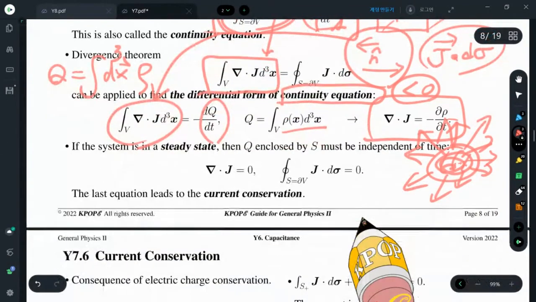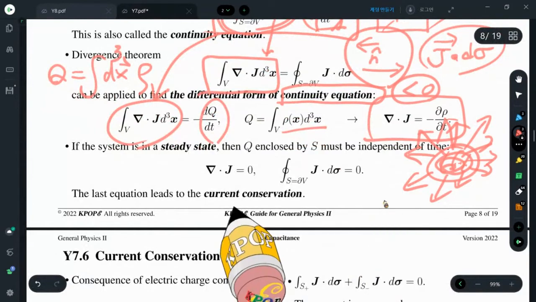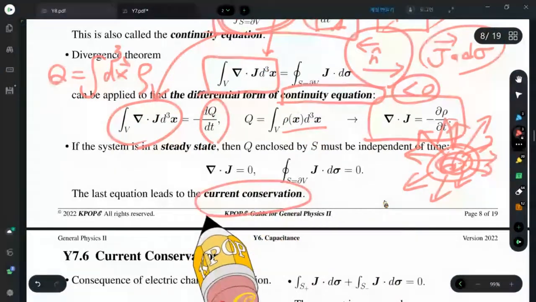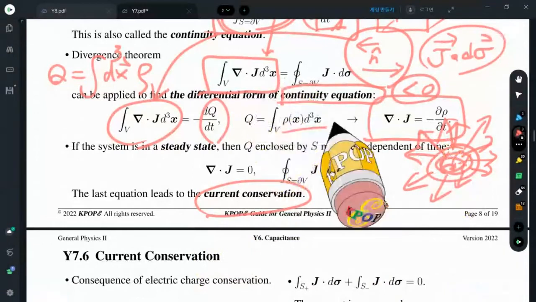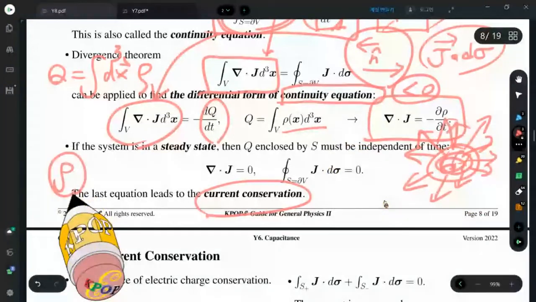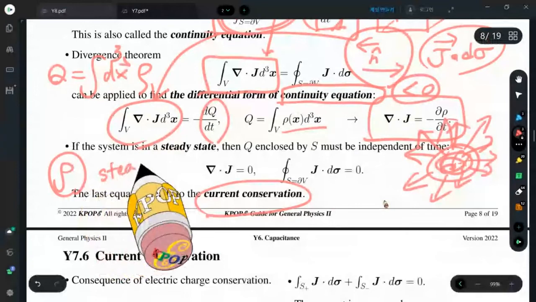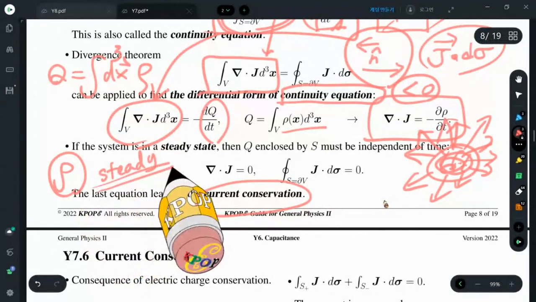So this represents current conservation when the net charge inside the container doesn't change. You mean rho is independent of time. That is a steady state, independent of time.